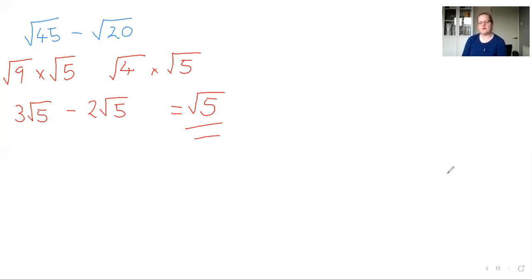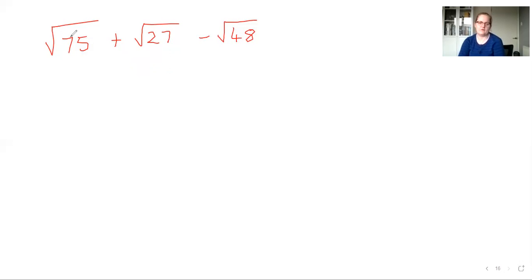And I'll have another look at one where we've got a combination of addition and subtraction. This time we're going to simplify root 75 plus root 27 minus root 48. Deal with it exactly the same way. So we're going to break up and simplify 75 first.